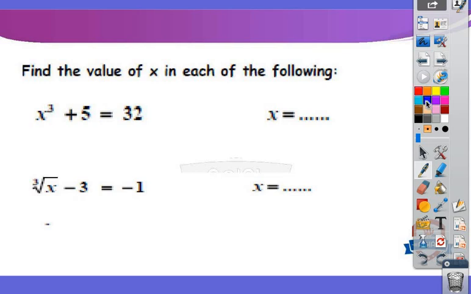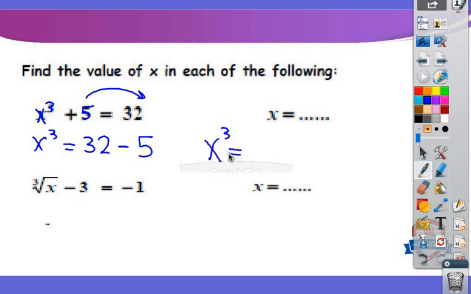We have x to the power of 3 plus 5, so you can write 32 minus 5. So here we have x to the power of 3 equals 27.